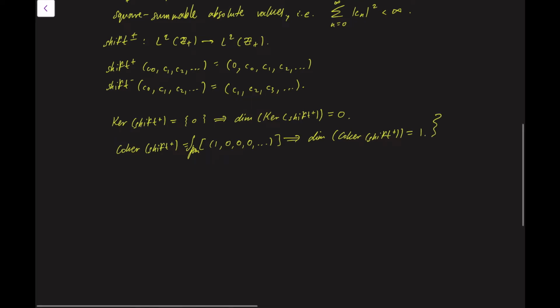Because these are both finite, the shift plus operator is Fredholm, and the index of shift plus is the dimension of the kernel, 0, minus the dimension of the co-kernel, 1, so it's minus 1.